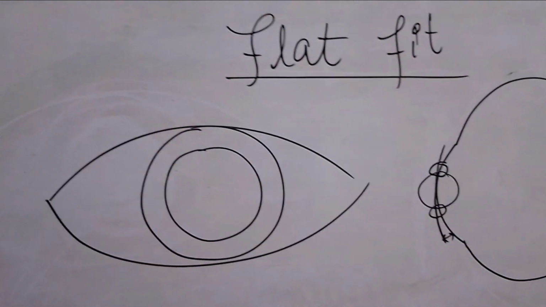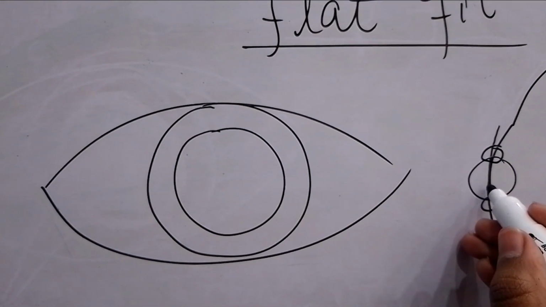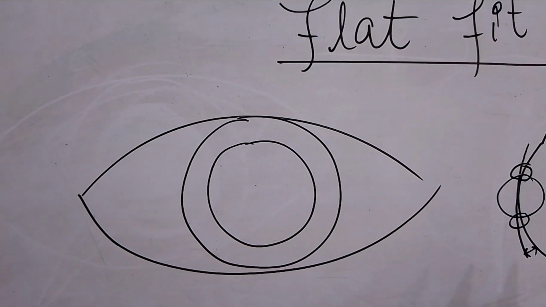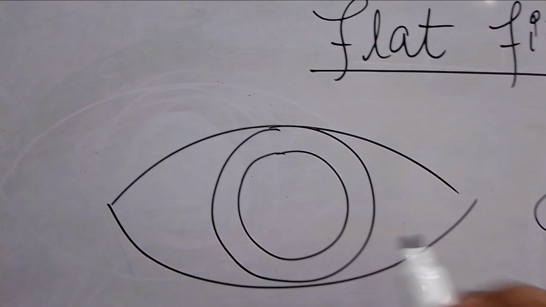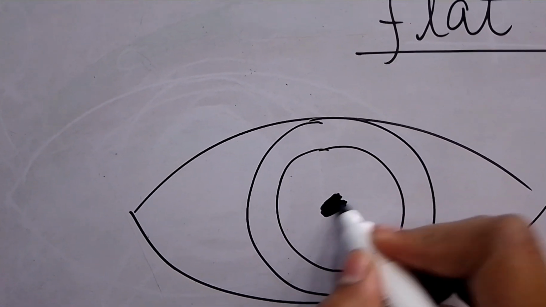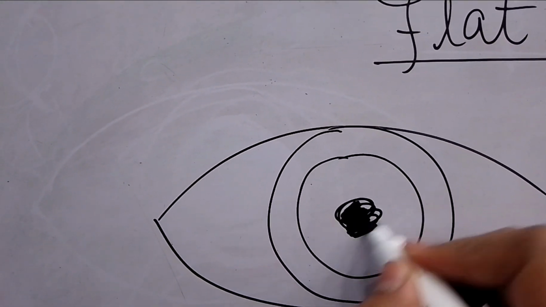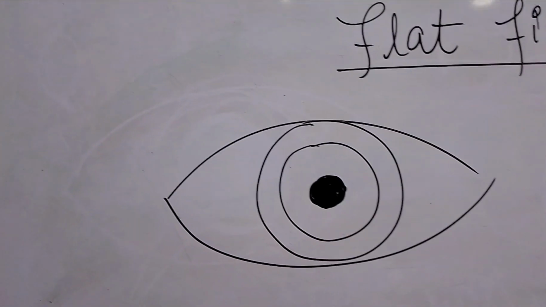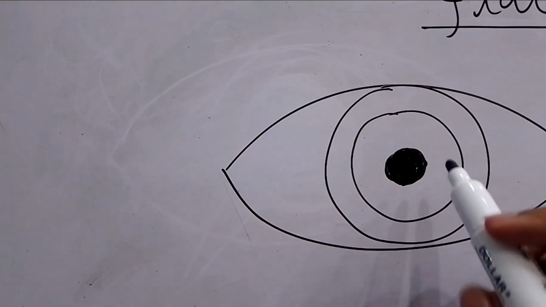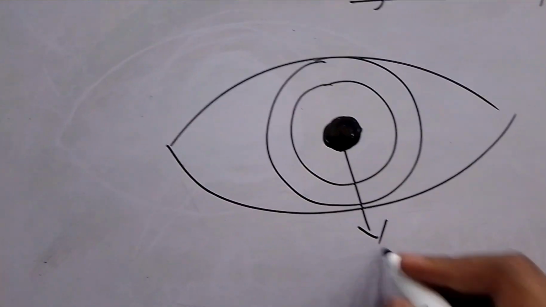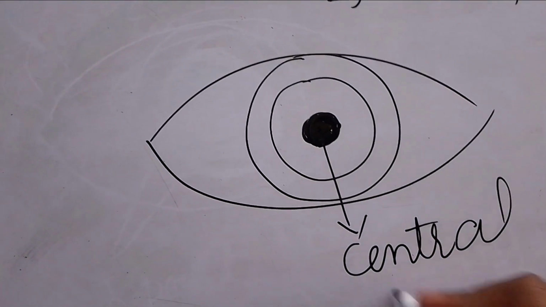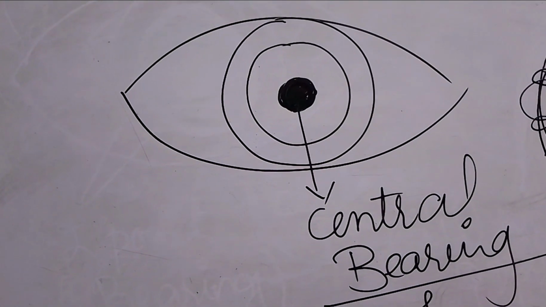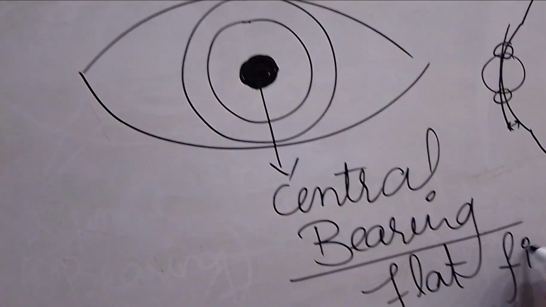As you can see, in the center the cornea and contact lens are in touch. When they are in touch, there will be bearing and flatness and a blackened area. It means that there is no dye. So you are going to see darkness in the center as if the pupil has appeared, right? This central bearing will indicate that this is the flat fit.